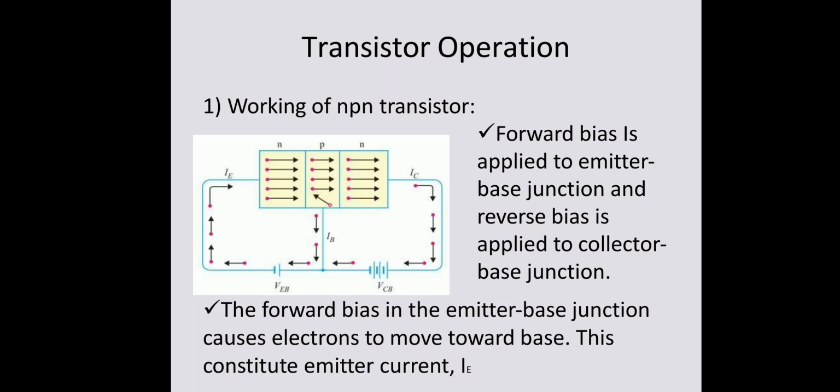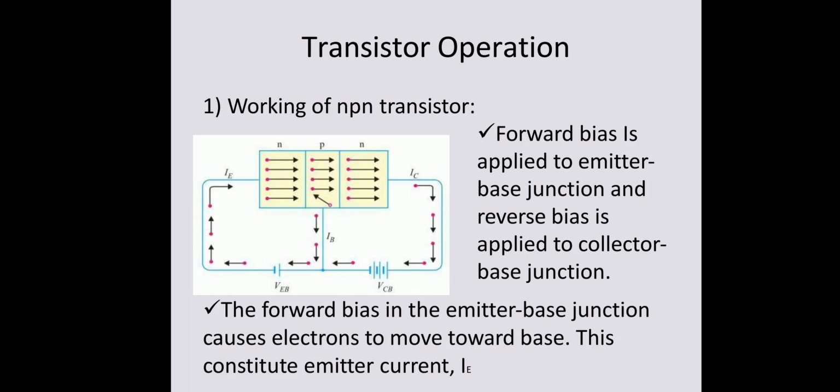So the remaining electrons will move towards the collector side, because the collector base junction is reverse biased. Due to this reverse bias, there is an electric field. This electric field accelerates the electrons, so that they easily move towards the collector side. At the collector side, the collector will collect all the charge carriers.